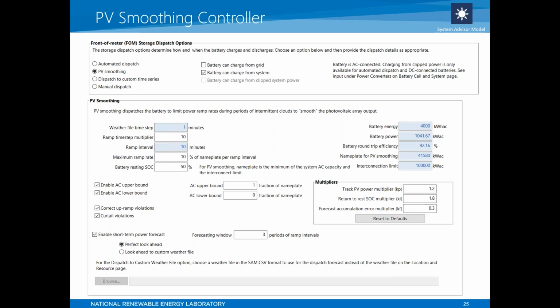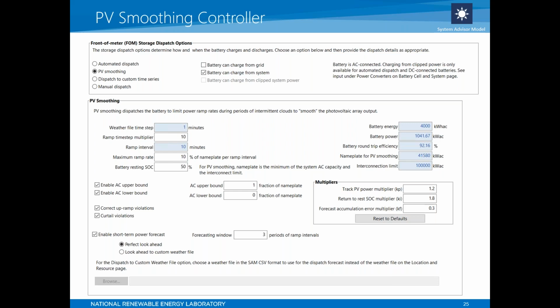And then finally, on the right, we have some of the control multipliers. So in addition to providing a Python implementation of the code, the EPRI GitHub repository provides some code for a bisecting search algorithm to tune those control multipliers for a given system and weather file.